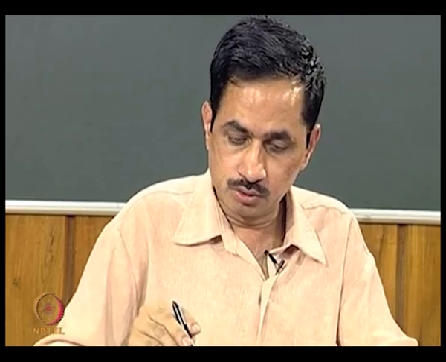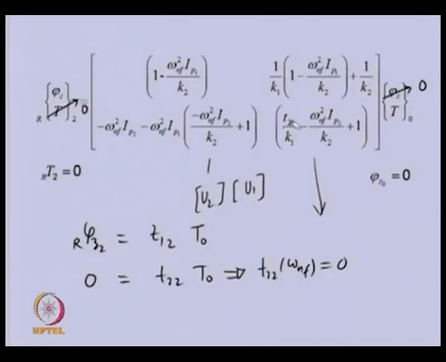The expanded form of this T22, because that contains T21 also, is this one, and if we equate this to 0, we get a polynomial. This is basically a quadratic polynomial in terms of omega n f square. This can be solved to get the two natural frequencies of the system.